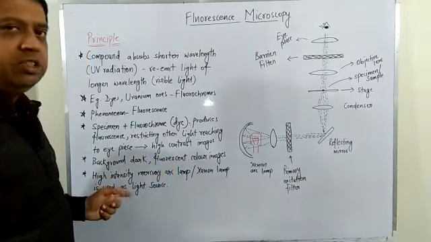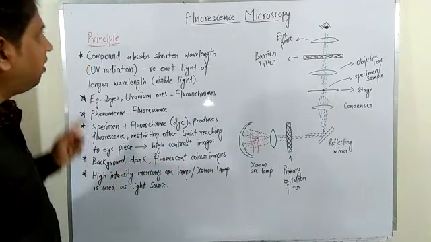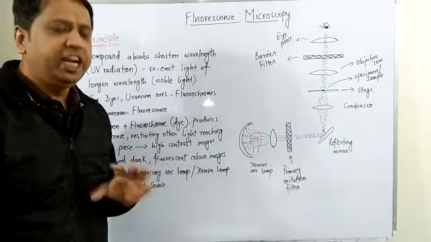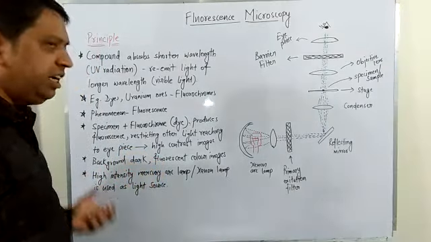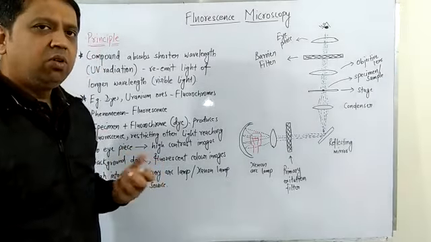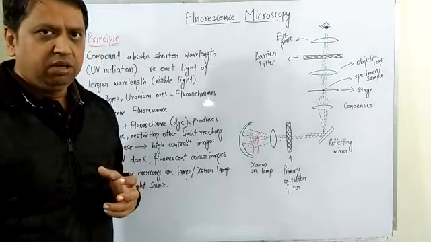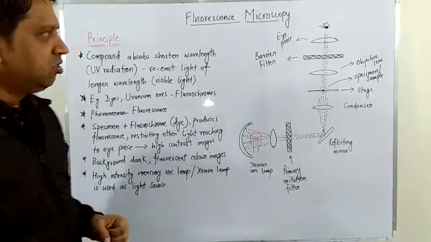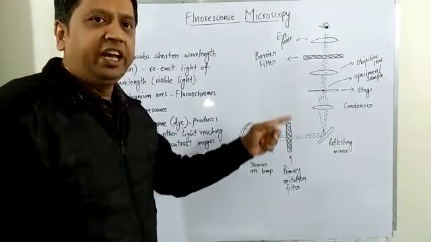For doing this in fluorescent microscopy, we are using a special kind of lamp, a high intensity mercury arc lamp or xenon arc lamp, because we need a high intensity light beam. So let us discuss its ray diagram.